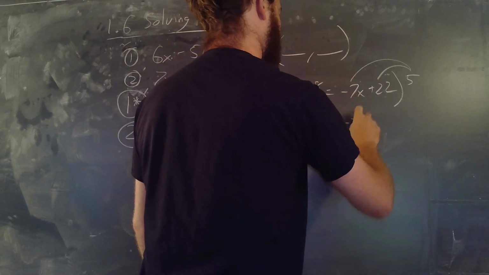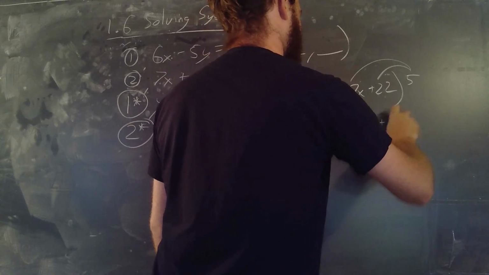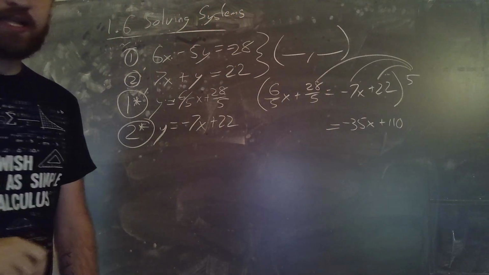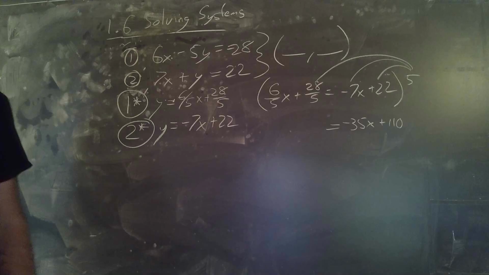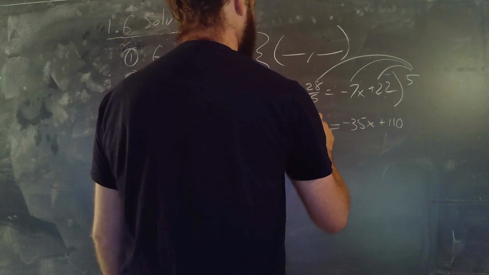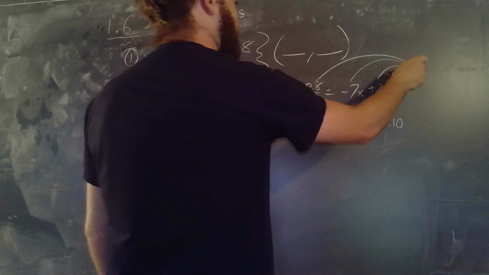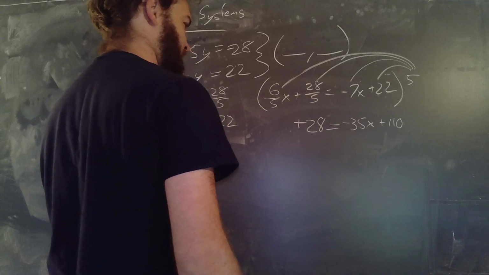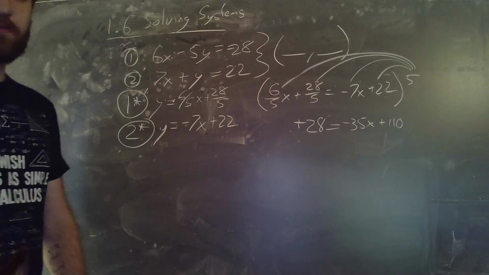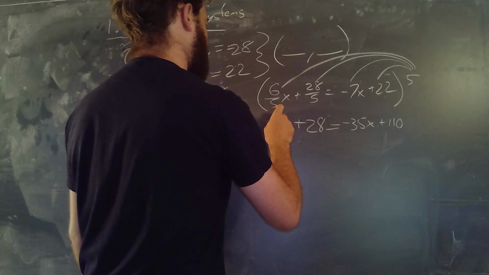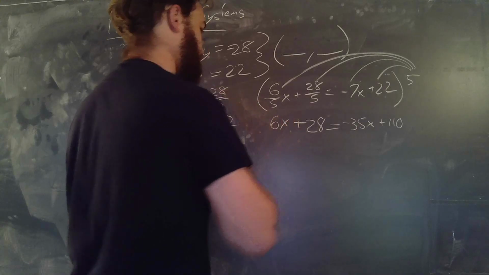So we'll have negative 35x plus 110. 5 multiplies 28 fifths, but notice that the denominator matches the thing that we are multiplying by, so it just obliterates the denominator and leaves us with the numerator. And then lastly, 5 multiplies 6 fifths x, but again, the denominator matches the number we're multiplying by, so it just obliterates the denominator and leaves us with the numerator times x.